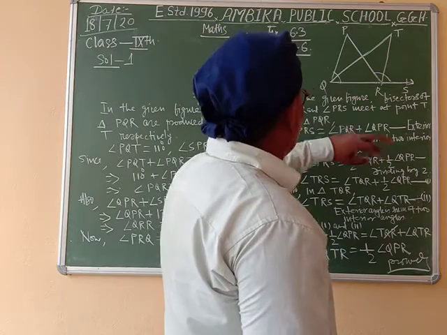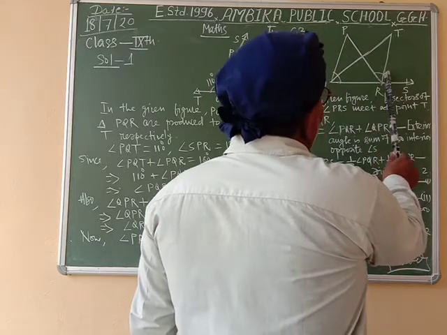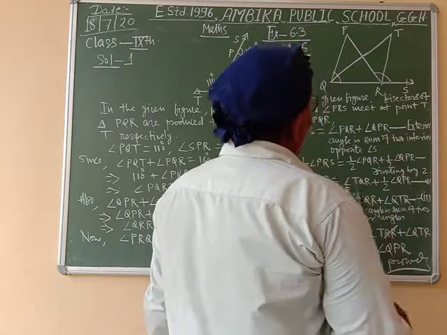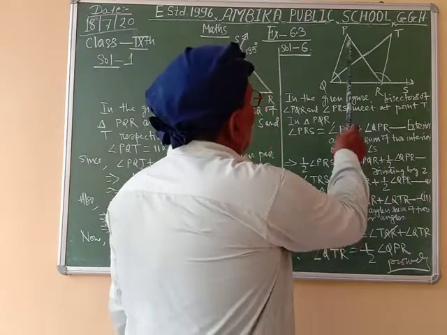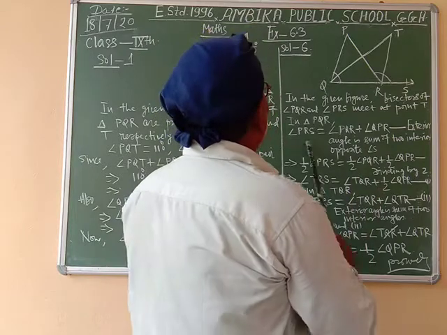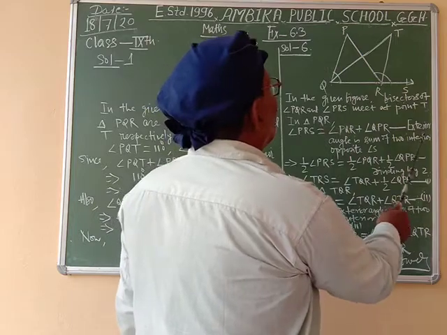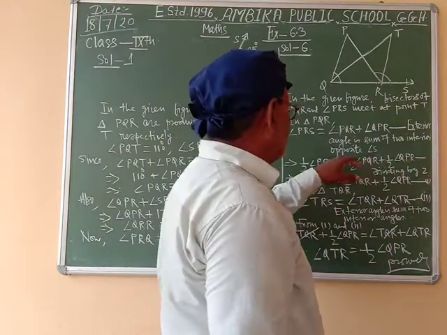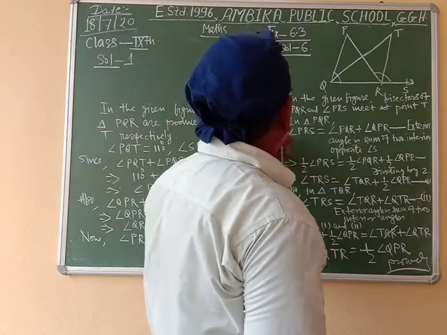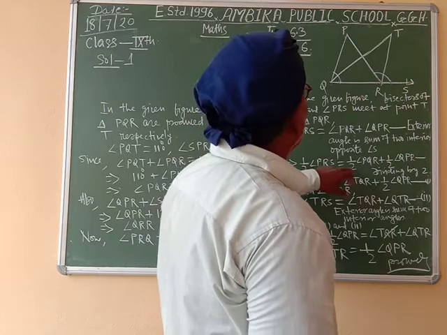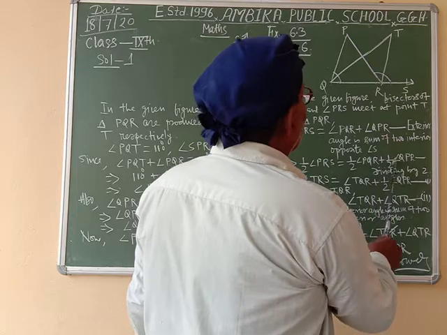In triangle PQR, PRS is an exterior angle. We have learnt before that an exterior angle is the sum of two interior opposite angles. Therefore, angle PRS is equal to angle PQR plus angle QPR. Dividing both sides by 2, 1/2 angle PRS is equal to 1/2 angle PQR plus 1/2 angle QPR.